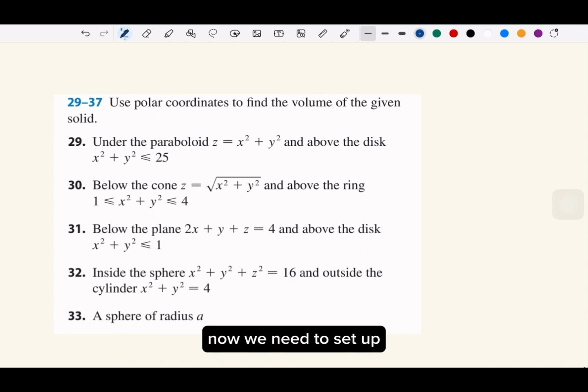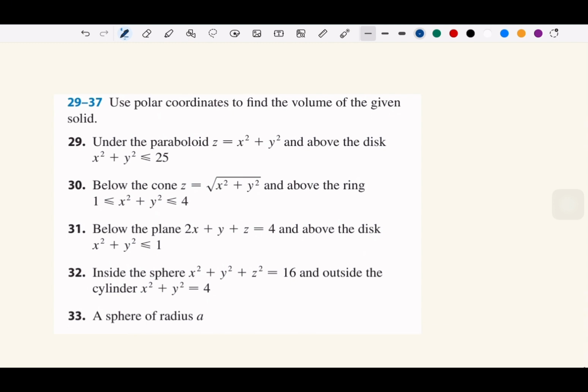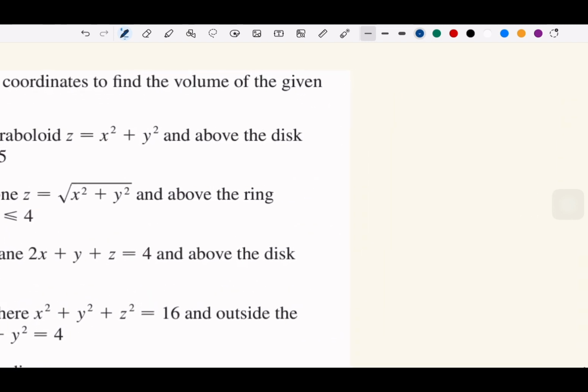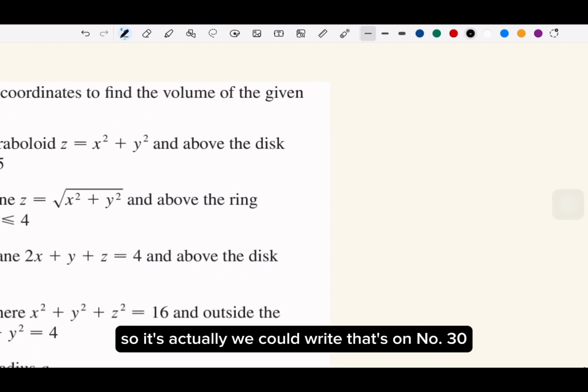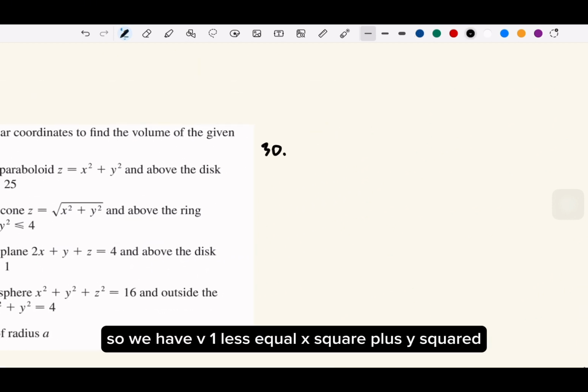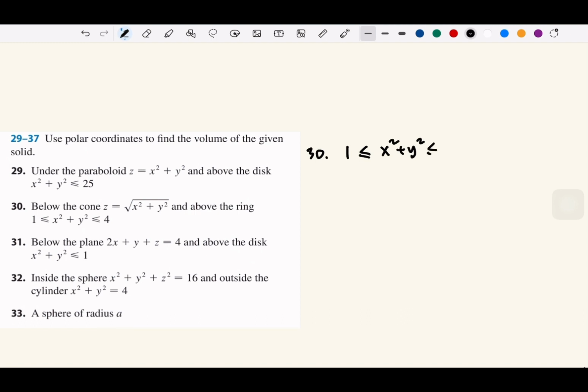Now we need to set up the volume for this one. So number 30, we have 1 less than or equal to x squared plus y squared.